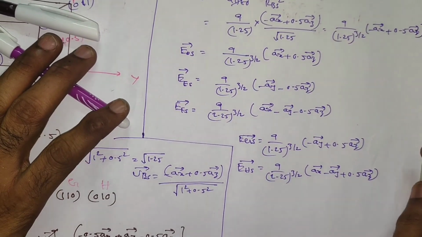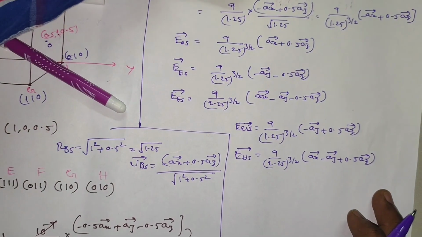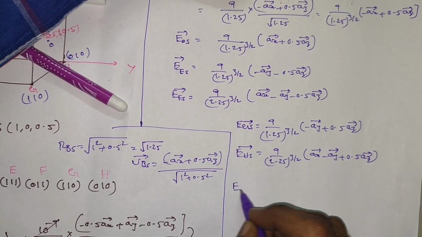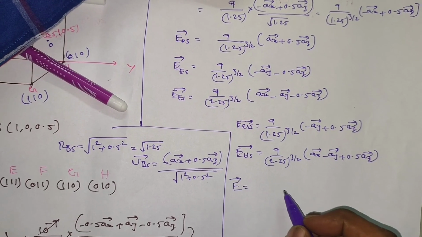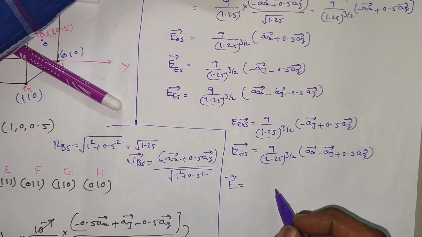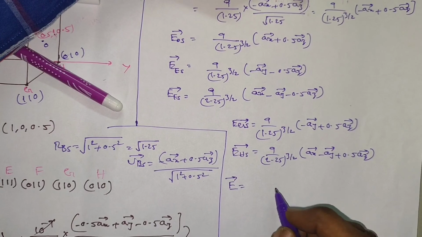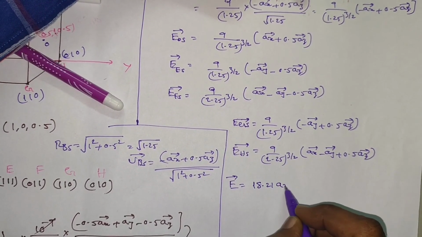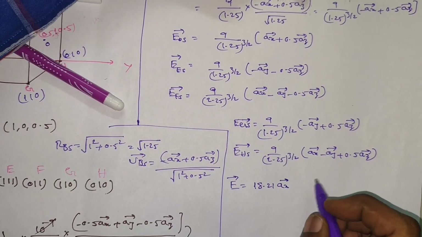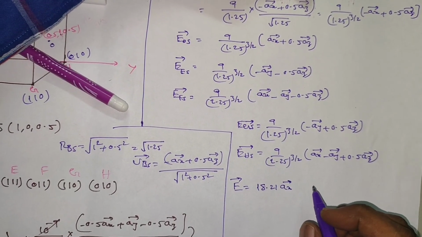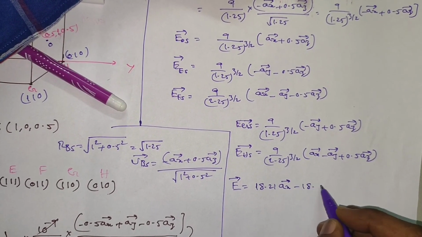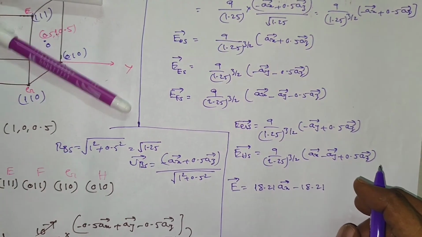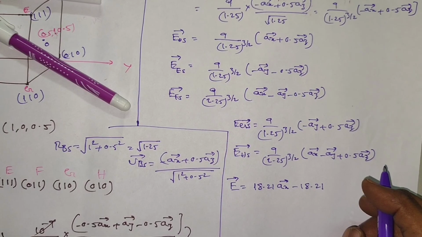And once we have got the individual fields, next we have to add them to get the total. Electric field intensity E bar is equal to, if we add all those and simplify, 18.21 into AX bar minus 18.21 into AY bar.